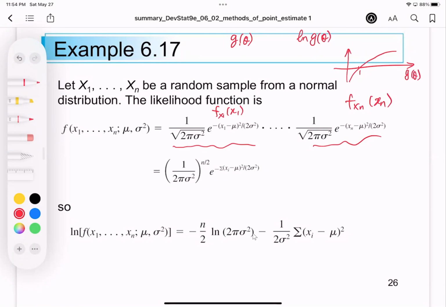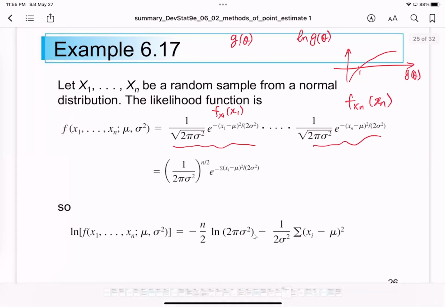So if the value achieves its maximum at somewhere on g theta, then log g theta achieves the maximum at the same place. That's why we're doing the log transform. And log will convert all the products to summations. That's the helpful part of using the log transform.